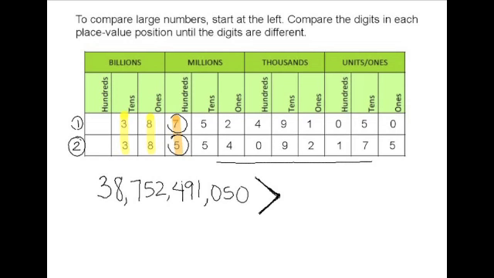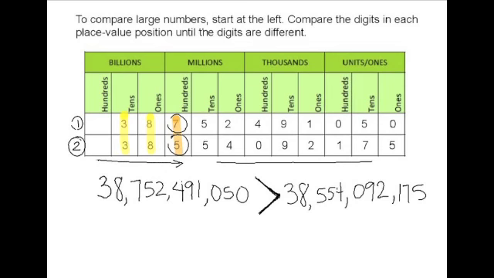So my smaller number is 38,554,092,175. So I've compared, using this place value chart, these two large numbers by starting at the left and moving to the right until I find two digits in the same place value that are different.